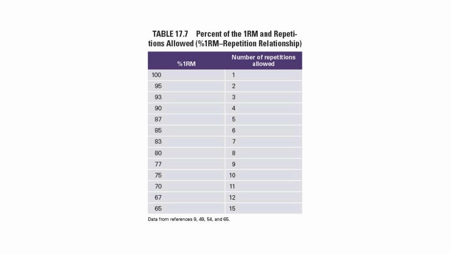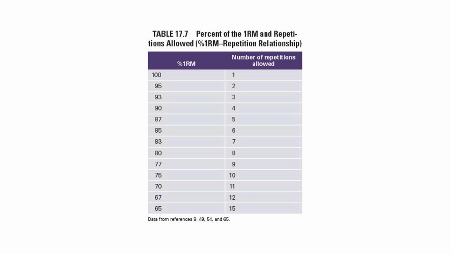Another assumption is that resistance trained individuals may be able to exceed the number of repetitions listed in this table, particularly in the lower body, where if you had individuals perform 85% for 6 repetitions, they might exceed that and go to 8 or 10.